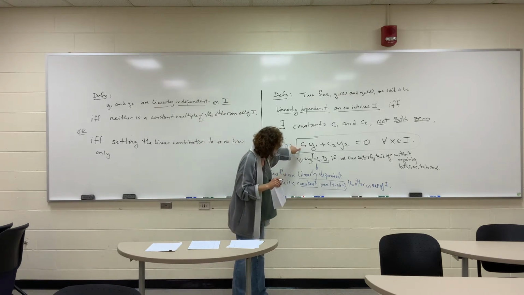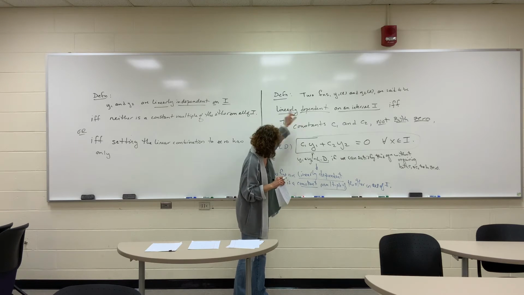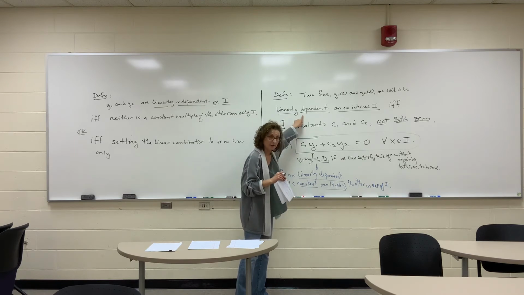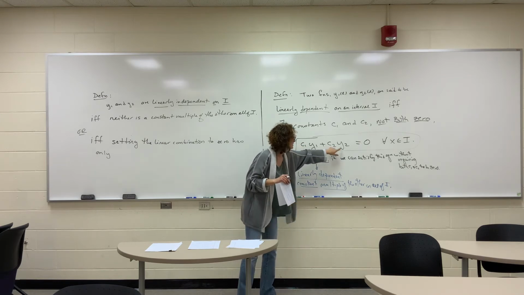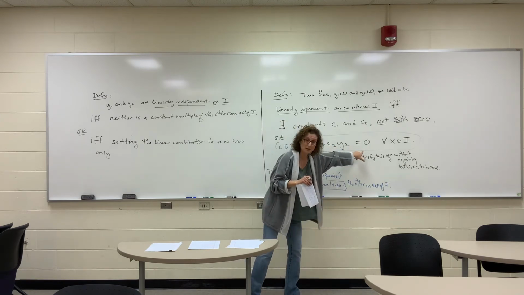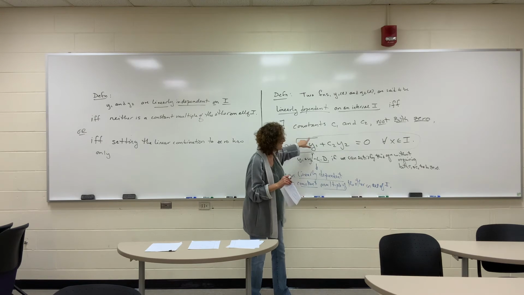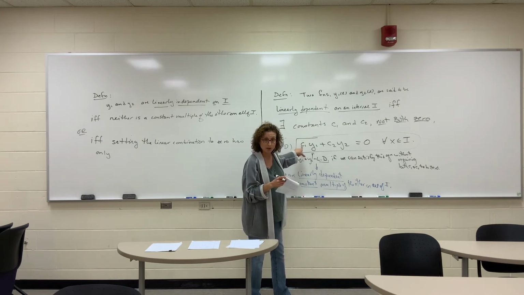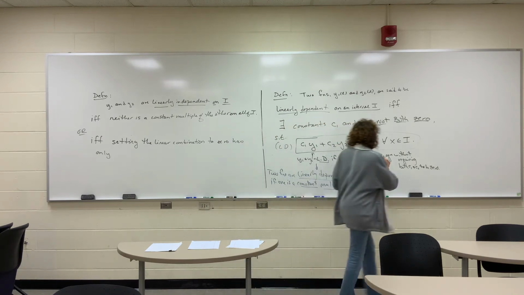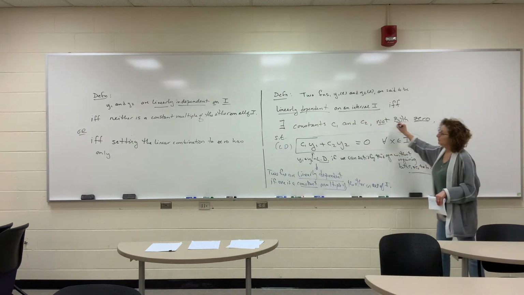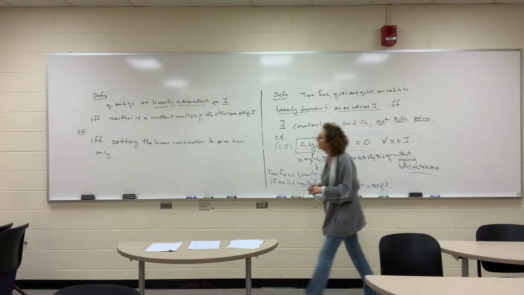If linear independence is not linearly dependent, then this equation, which is setting the linear combination equal to 0, should only be able to be satisfied if what is true? Yeah, C1 and C2 are both 0.